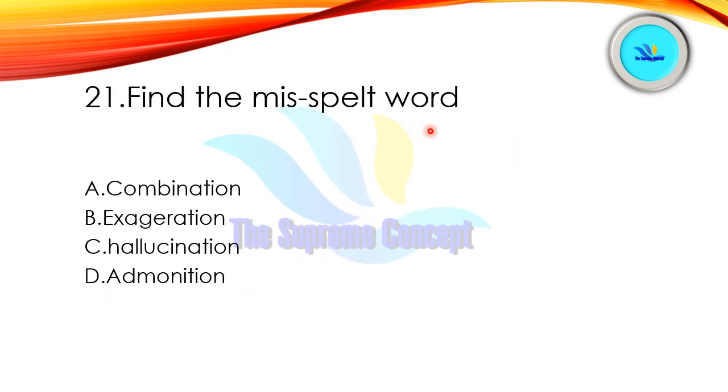Find the misspelled word. So these are the four options: combination, exaggeration, hallucination, admonition. Yes, you're right. Option number B is incorrectly spelled, and its correct spelling would be exaggeration.